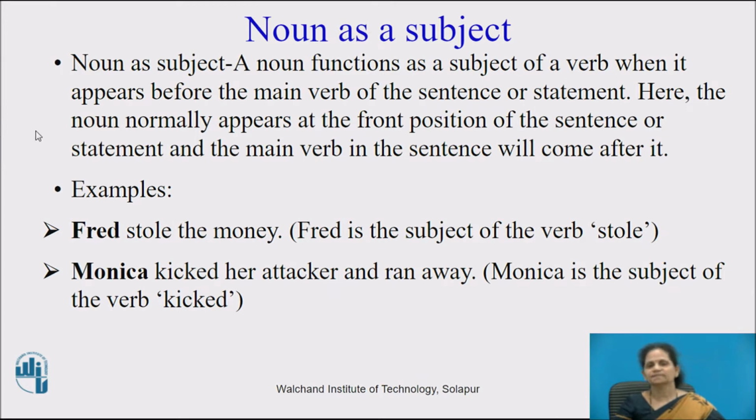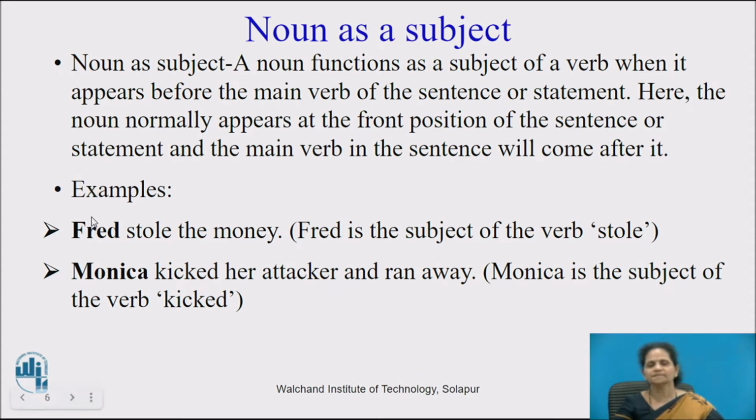So, let us first discuss noun as a subject. A noun functions as a subject of a verb when it appears before the main verb of the sentence or statement. Here, the noun normally appears at the front position of the sentence, and the main verb in the sentence will come after it.